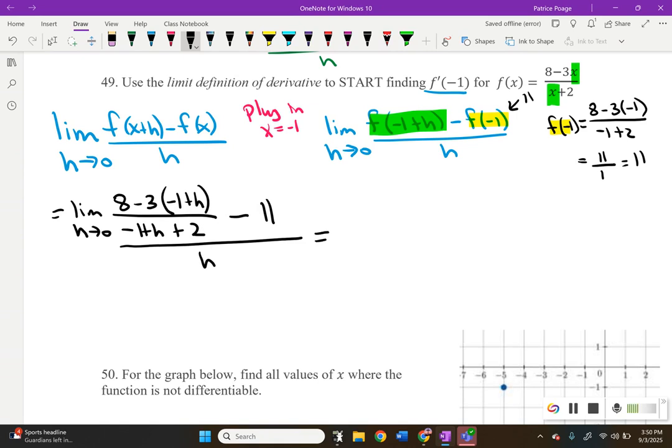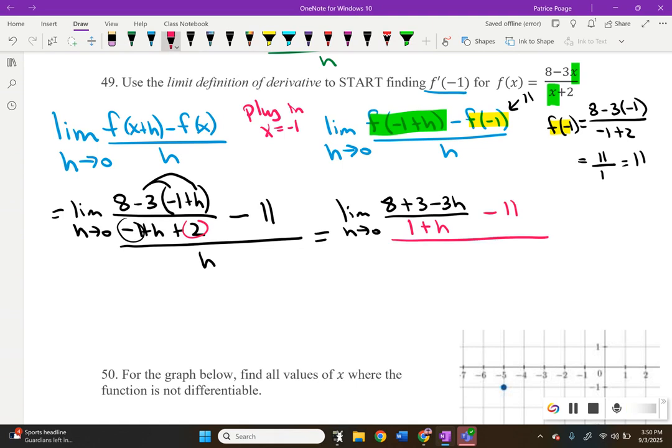All right. And I can distribute that term through, so I'll have the limit as h goes to 0 of 8, -3 times -1 is plus 3 minus 3h over, I can combine -1 plus 2 is 1 plus h. And then it's minus 11 over h.